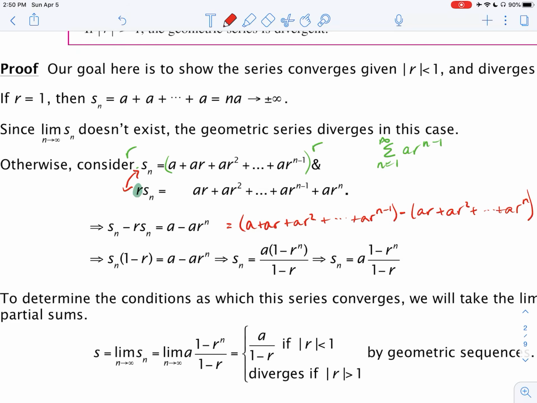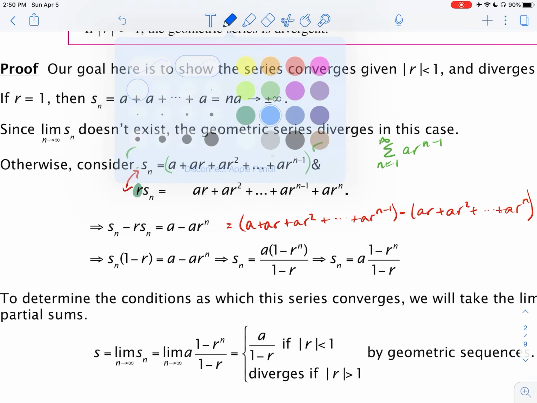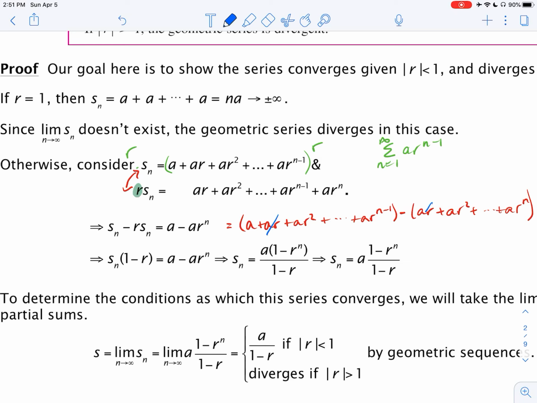We see that every single term cancels: ar cancels with ar, ar squared cancels with ar squared, because they collapse when you subtract them, and the only ones that are left are a and minus ar to the n. So then from here to here, we just factor out S sub n, and that's how we come up with an expression for S sub n.